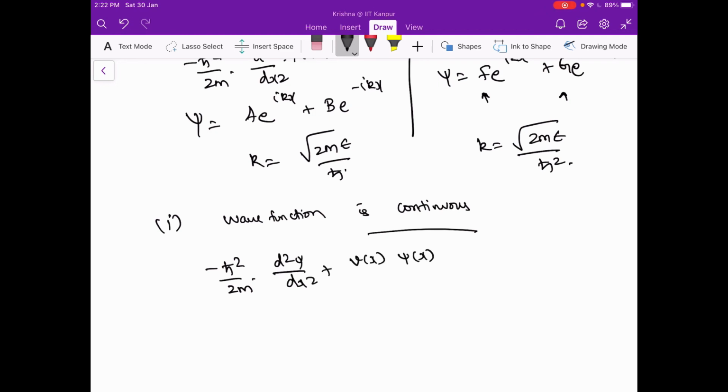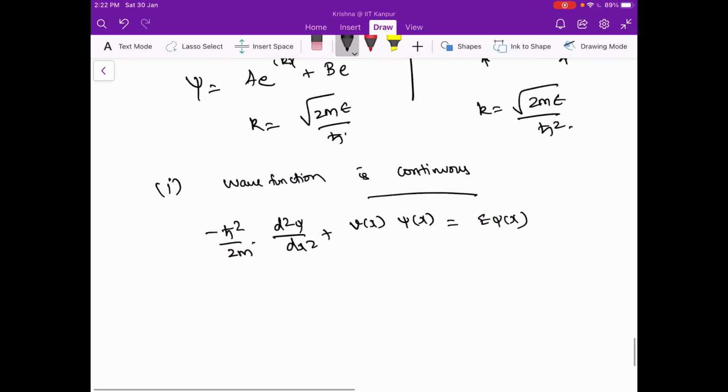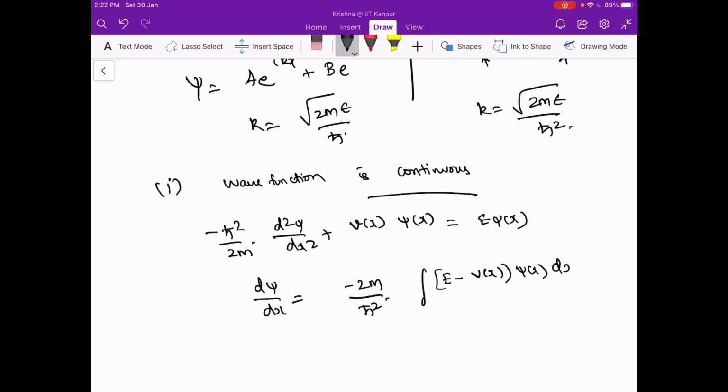We are not taking this particular example; let's take a general example and integrate it once. It will turn out to be minus 2m by h bar square integral of E minus V of x into psi of x dx.